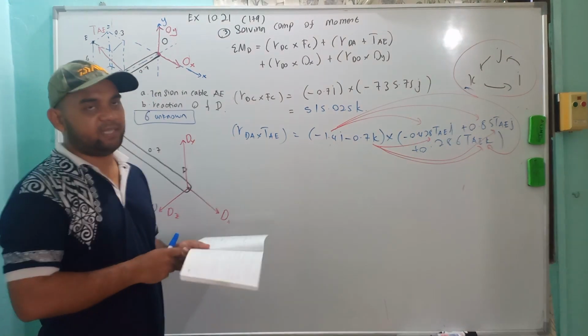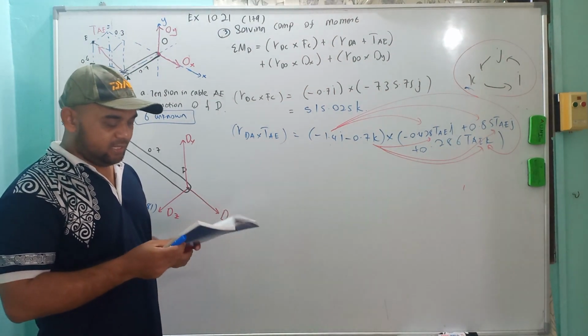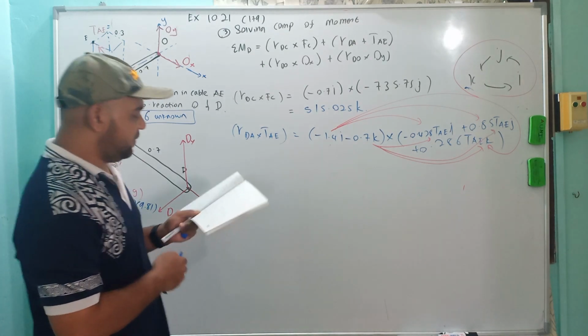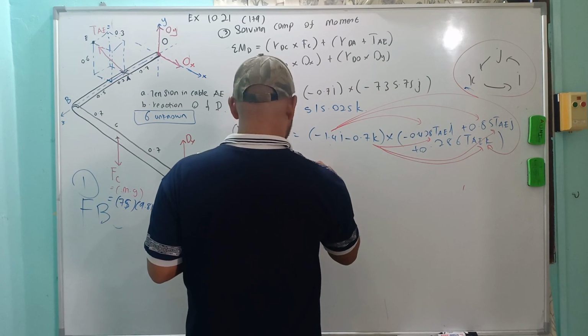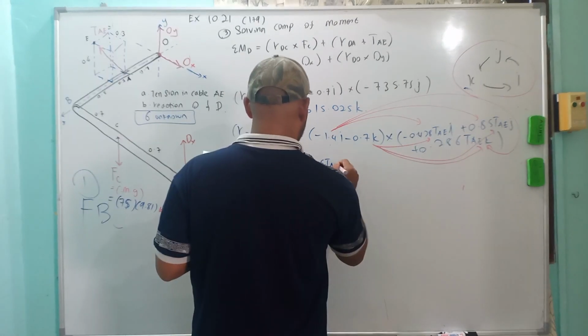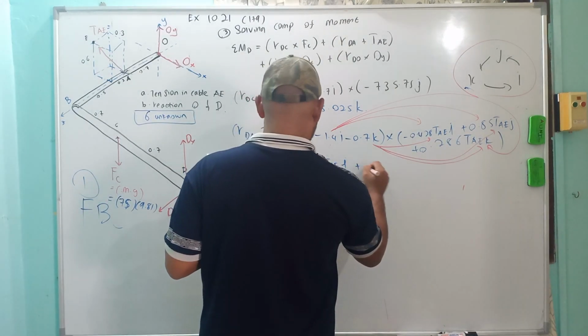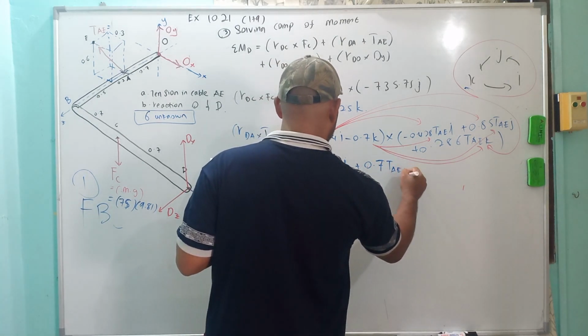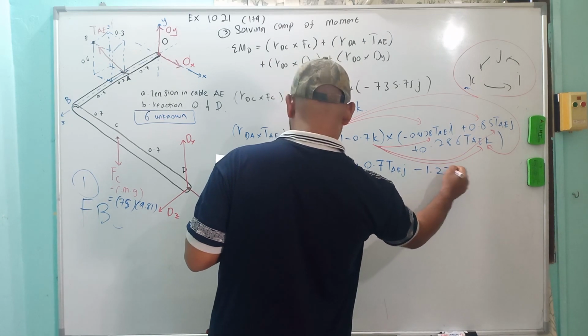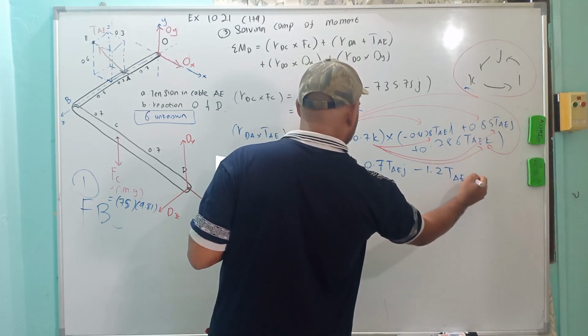Okay, whichever method you feel is easier for you. So at the end, you simplify this one. You will have 0.6 TAE I plus 0.7 TAE J minus 1.2 TAE K.